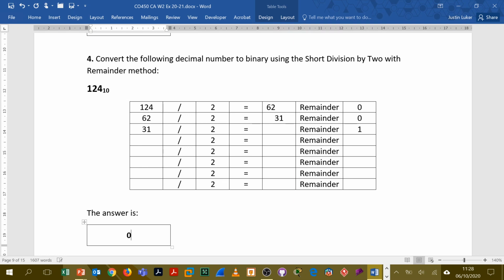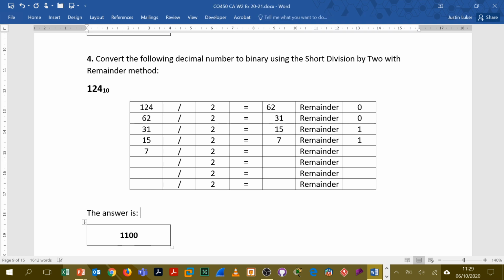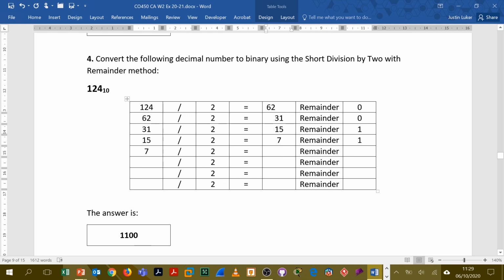Here we go. So 15, remainder 1. 15, odd number, so that's going to give us that. So that'll be 7. And again, we've got an odd number, so that's going to be another 1.